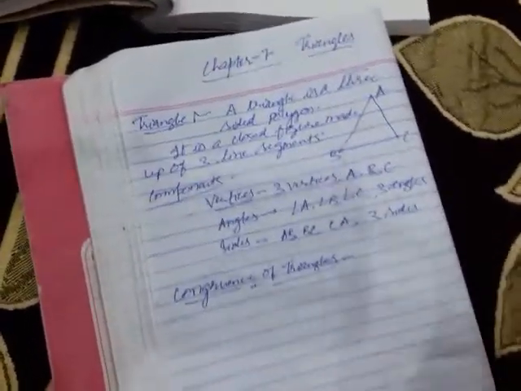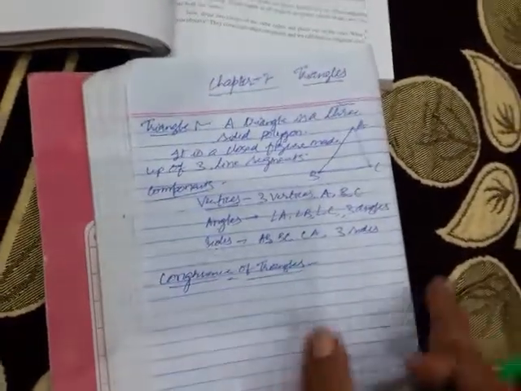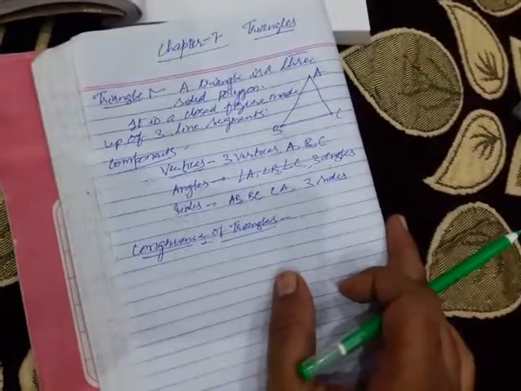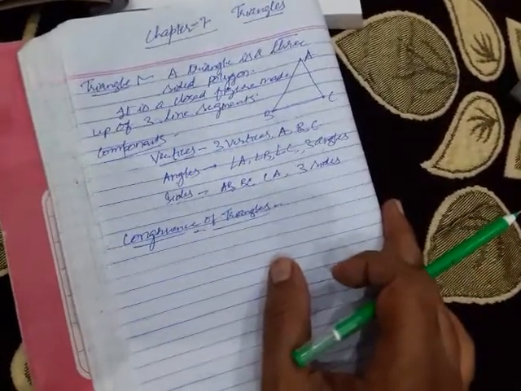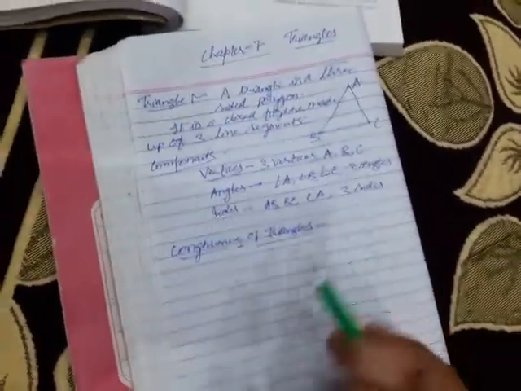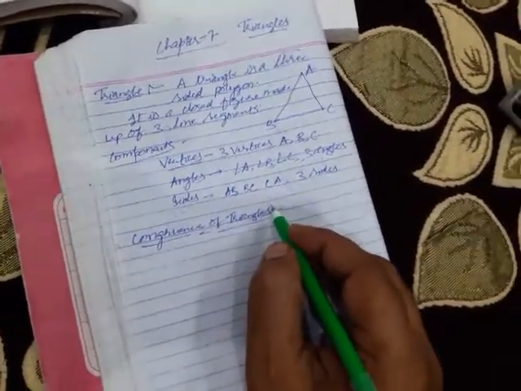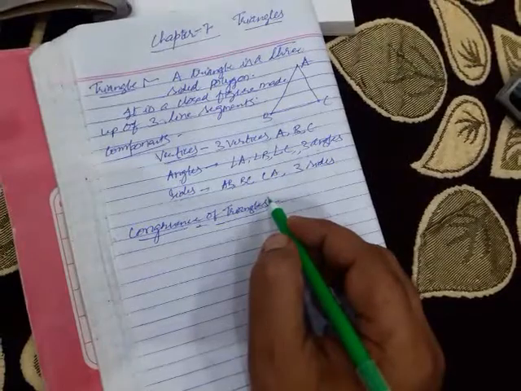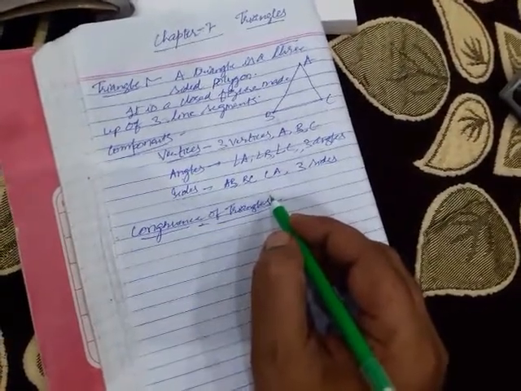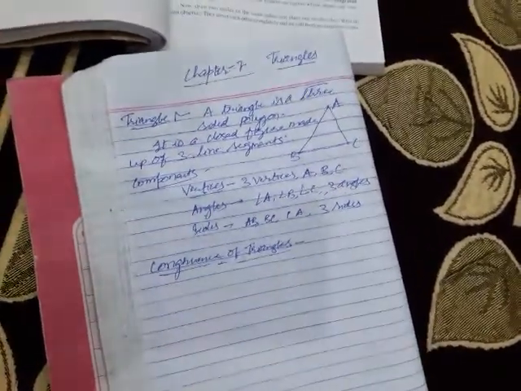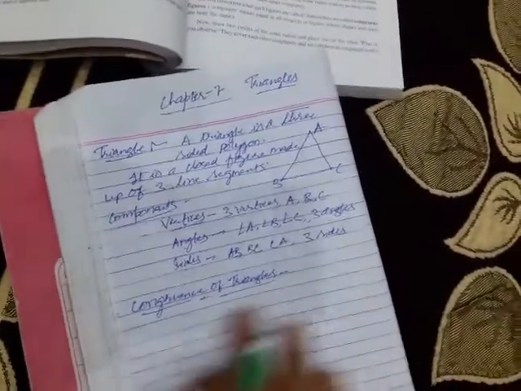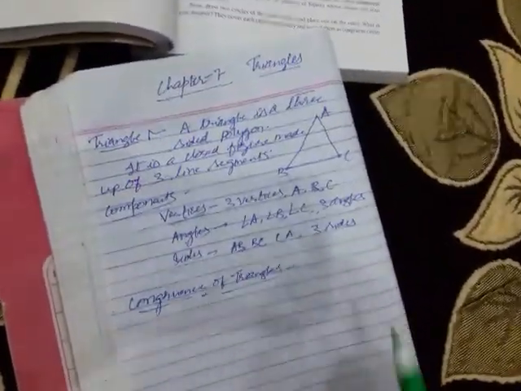Congruence means two figures are exactly the same in all respects, that is, shape and size. Two figures are said to be congruent to each other if and only if they have the same shape and same size also. So here you write what is congruence first.